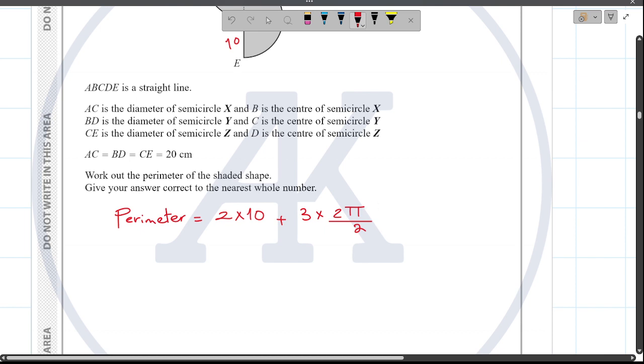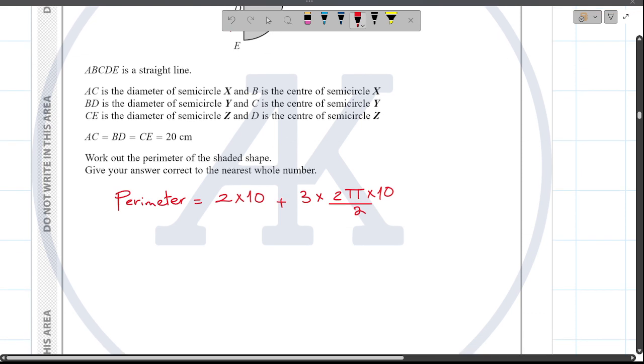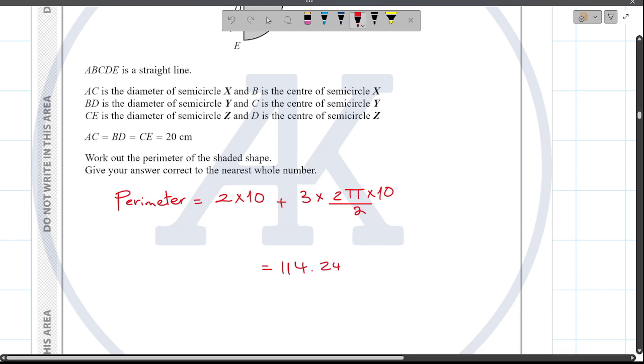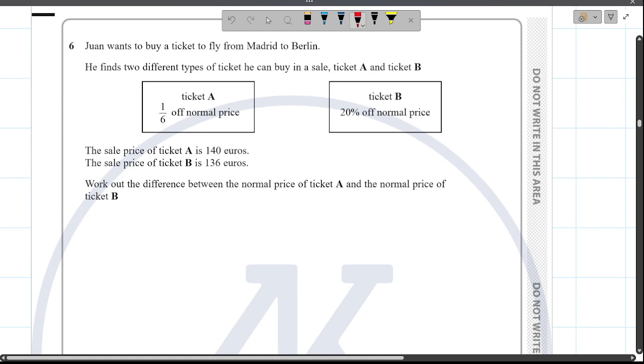And the radius here is 10. So 2 multiplied by 10 is 20, then plus 3 multiplied by 10 multiplied by pi, which is 114.247 or 248. Correct to the nearest whole number, it will be 114 centimeters. Question number 6.